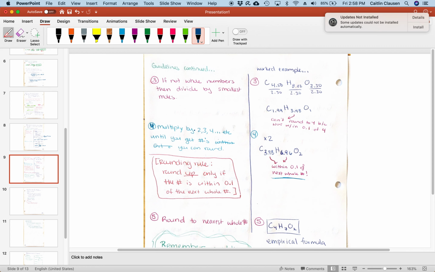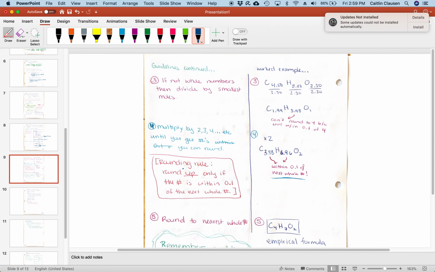Now you can move on to step 4, which is the rounding rule, or multiplying by integers of 2, 3, 4, increasing until you get numbers you can round.